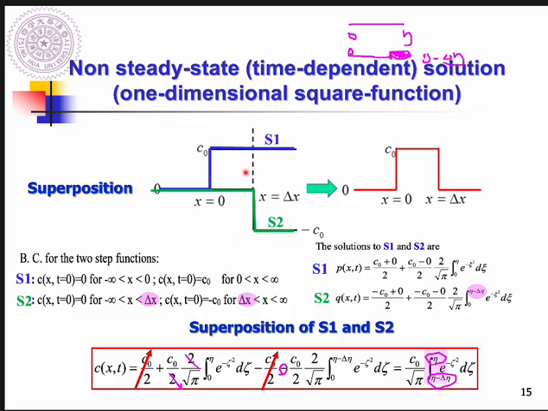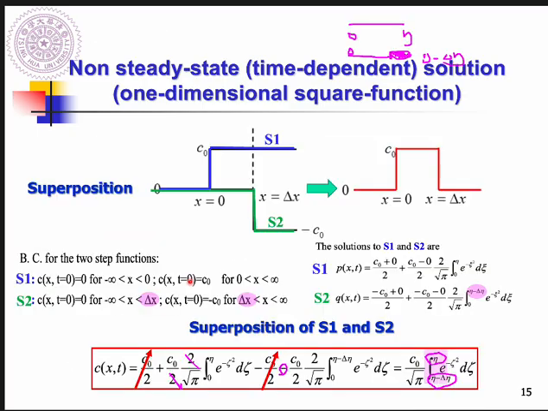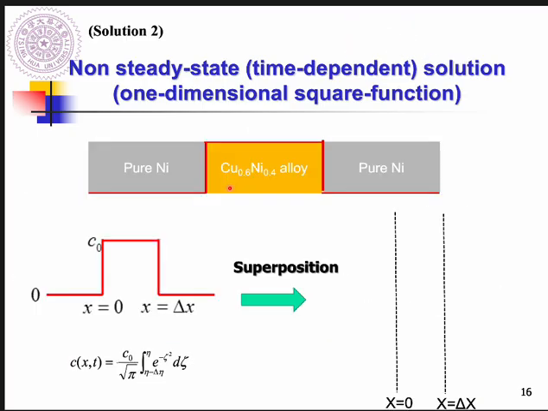But some people also ask, Professor, is it possible to have another choice to get the square function, instead of using the blue one minus the green one? Yes, so I provide the solution too. You don't want to use minus, you want to use a plus. So you also can decompose this square function into two step functions.